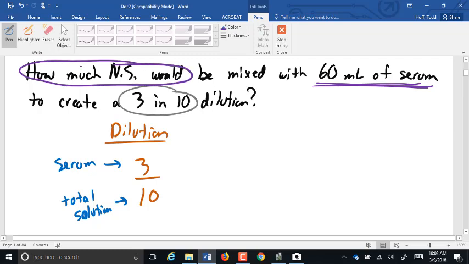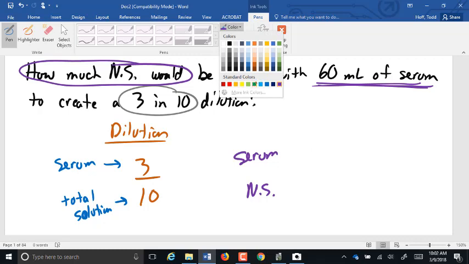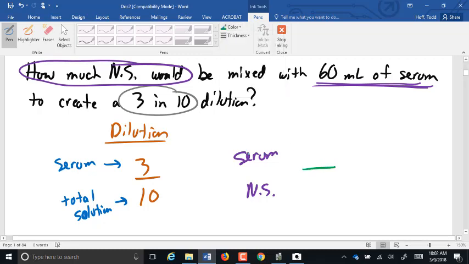So for this problem, we need a ratio between serum and saline, NS. So that ratio, again, the part serum is still 3. That doesn't change. If there's 10 total parts in the solution, if 3 of those parts are serum, how much is saline? 7. 10 minus 3 is 7. So the ratio of serum to saline would be 3 out of 7, or 3 to 7.